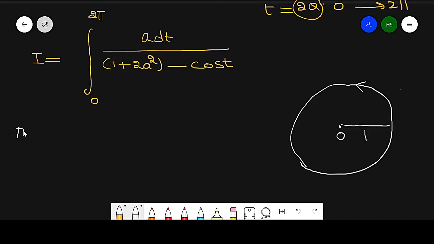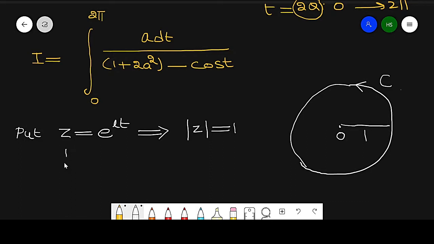So I take Z equal to e raised to power iota t. Now it implies modulus of Z is equal to 1. So it is a contour C whose center is 0 and radius is 1.